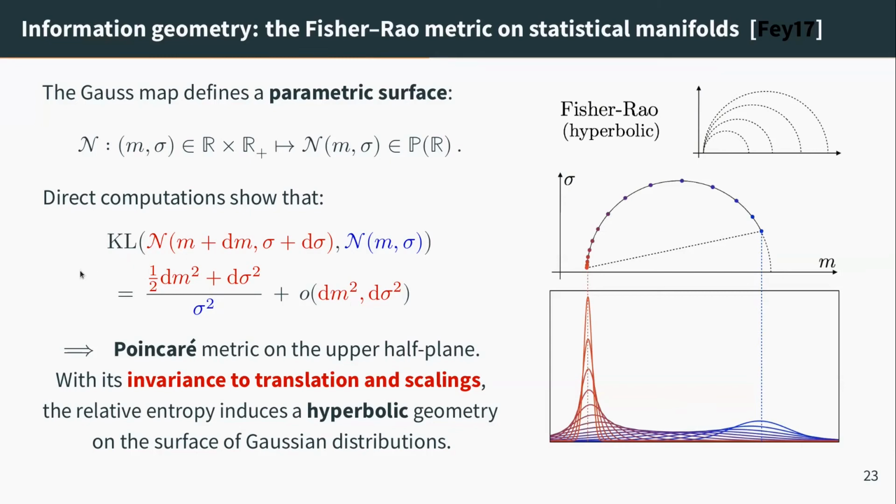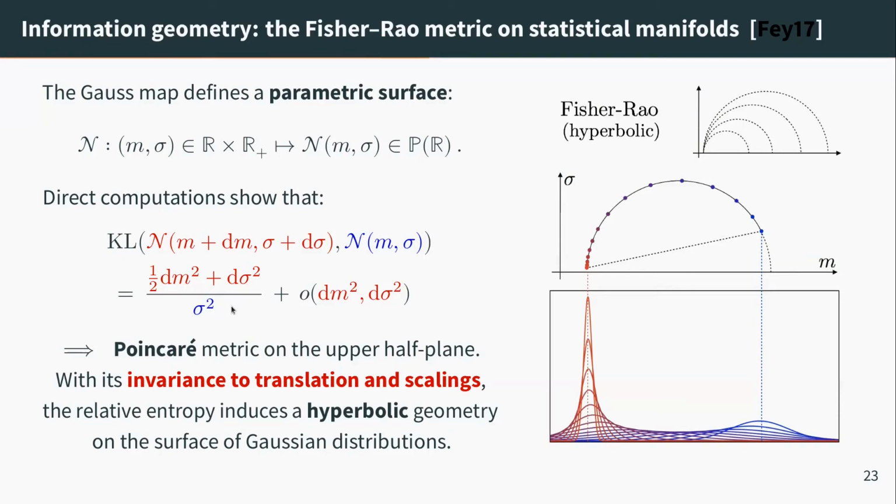So the relative entropy of a Gaussian distribution up to a small perturbation dm d sigma is equal to 1/2 of dm squared plus d sigma squared divided by sigma squared plus a negligible term, plus a term of order more than 2. So locally, you have this expression.